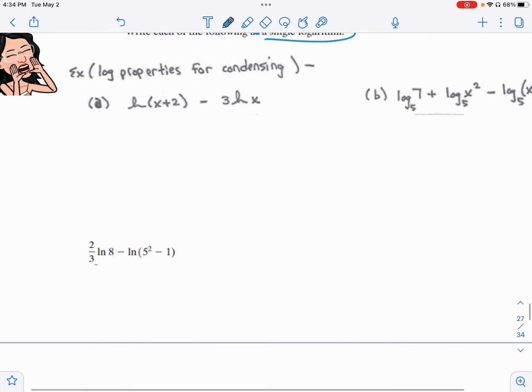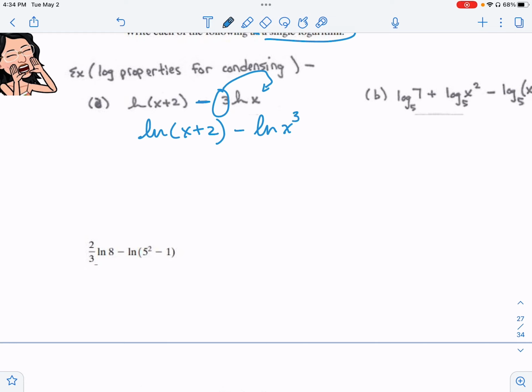All right, when I look at the first one here, this is a minus sign, so that reminds me of the quotient property, because the quotient property expands to a subtraction expression. However, this 3 can also be brought back as the power of x. So the first step would be to compress the 3 natural log x to natural log x to the third. And now this is subtraction, we can combine them as long as both of them are natural base, which means same base.